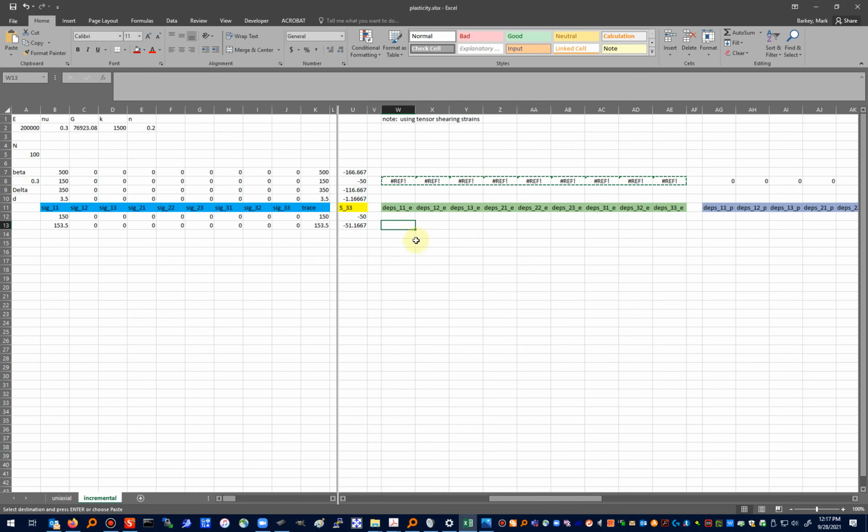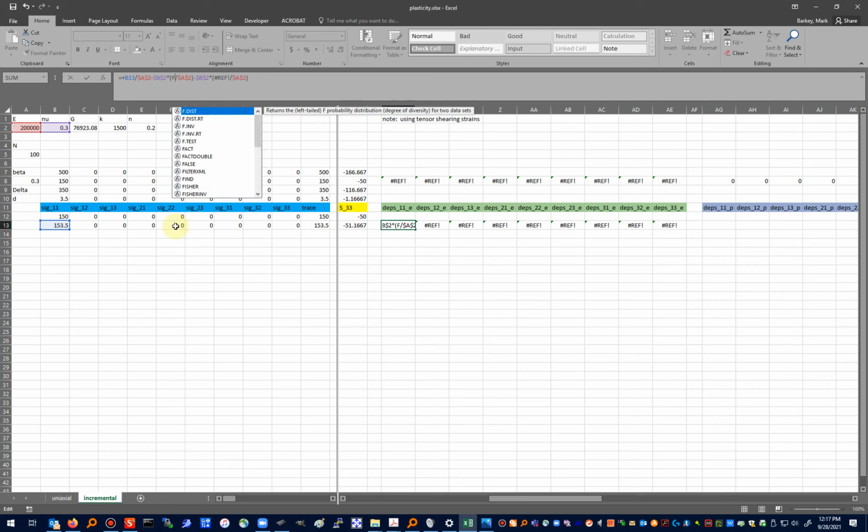So this is going to the next level of stress, is going to depend on this value, B13, and F13, and J13.